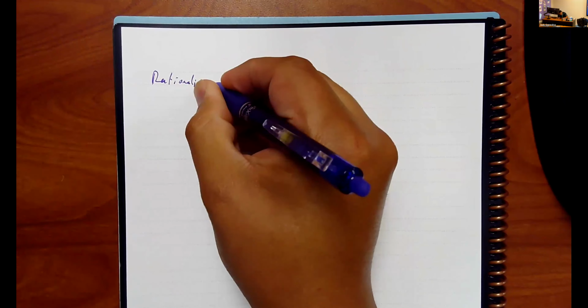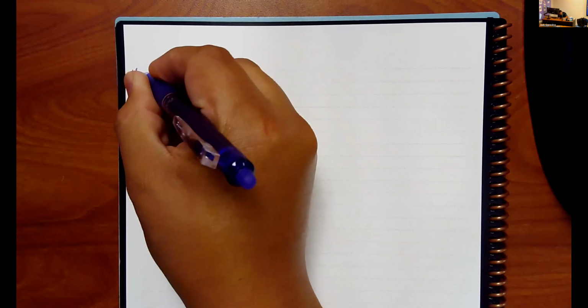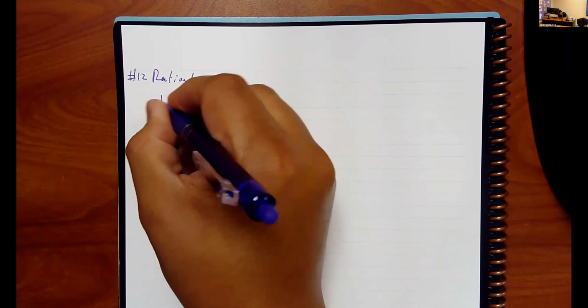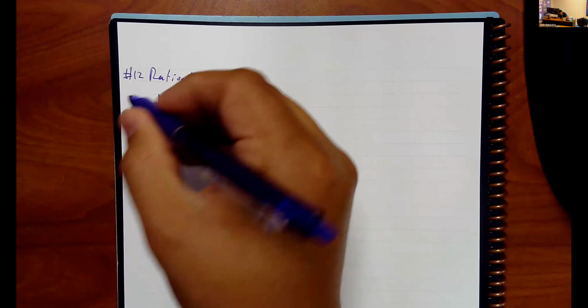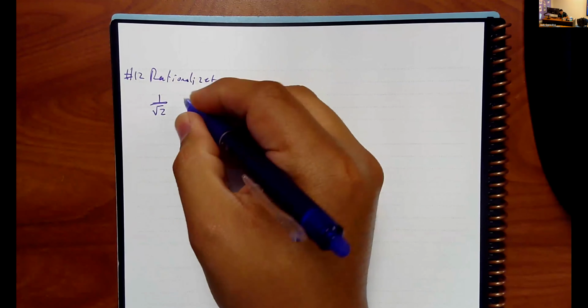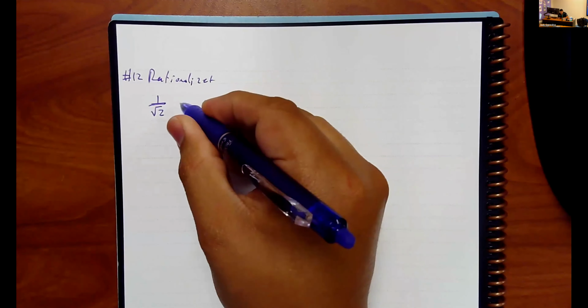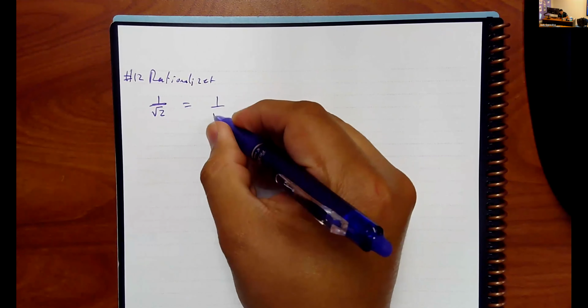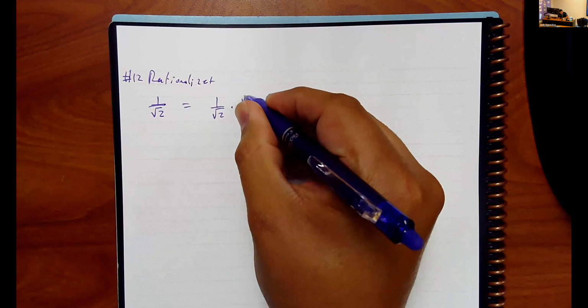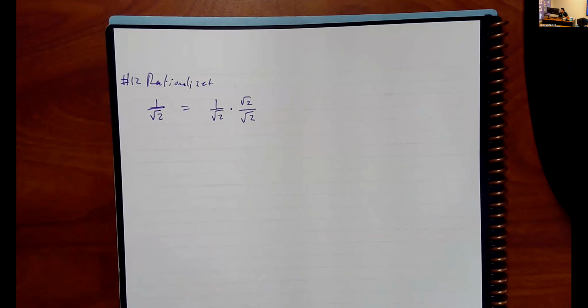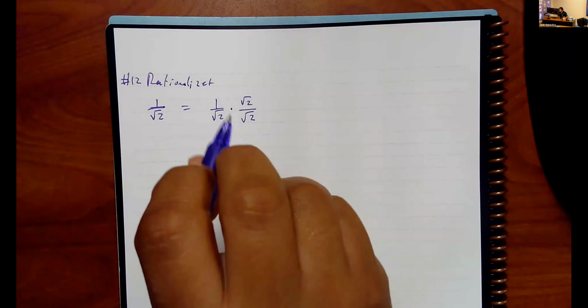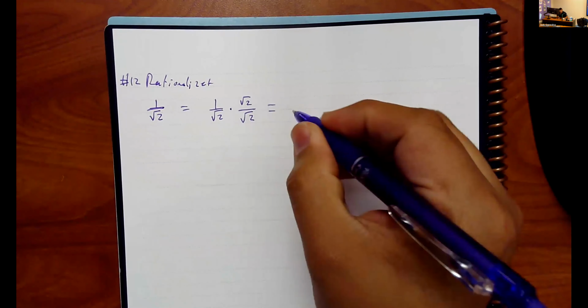Rationalize. Number 12, I think. 1 over square root 2. Since it's a square root, you want to basically force a square to happen. So you take the original and multiply by the same thing, right? That's how you square stuff. But since I don't have an equation, I have to multiply the top and bottom to keep it equal.